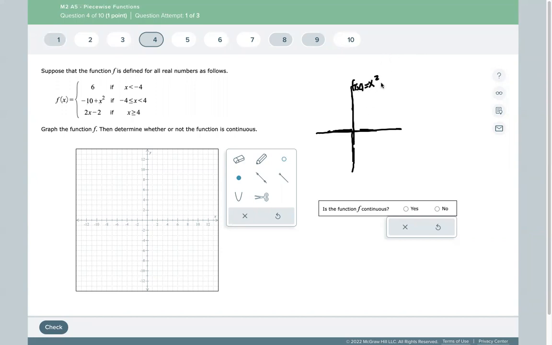The vertex of that function is at 0, 0. Then we have other coordinates at 1, 1 and -1, 1. The next ones are at 2, 4, so it's going to be around here, and -2, 4, somewhere around there.